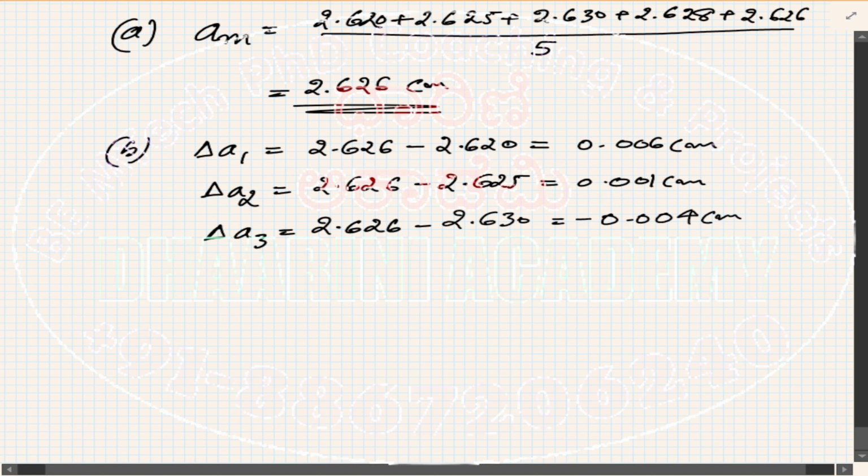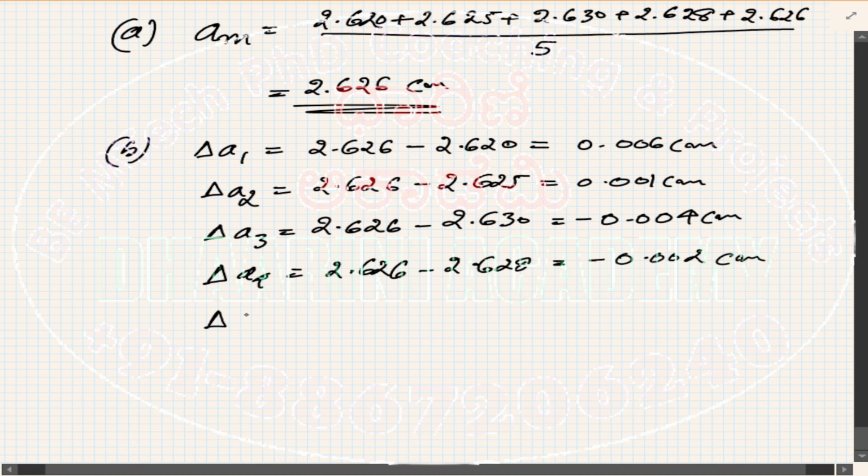Keep the minus as it is, no problem. Then delta A4 is 2.626 minus 2.628, the measured one. So this is minus 0.002 centimeters. The absolute error of the fifth measurement, delta A5, is 2.626 minus 2.626, so 0. Okay, this is part B.